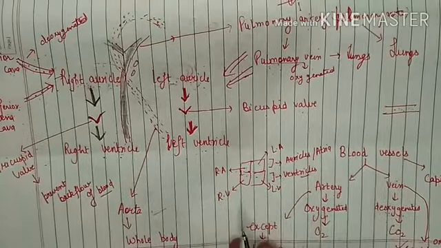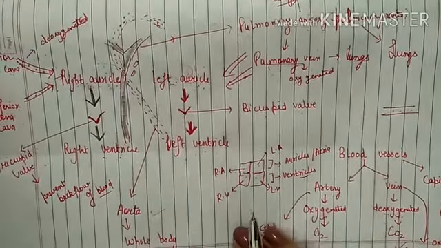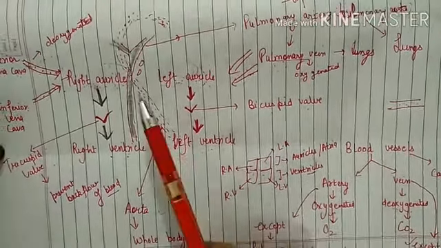So here we have studied that there are 4 chambers: right auricle, left auricle, right ventricle, left ventricle. Then the right auricle will receive the deoxygenated blood from the superior and inferior vena cava, and the left auricle will receive the oxygenated blood from the pulmonary vein. After that, the tricuspid and bicuspid valves will open, and the blood from the respective auricles will enter into the ventricles.